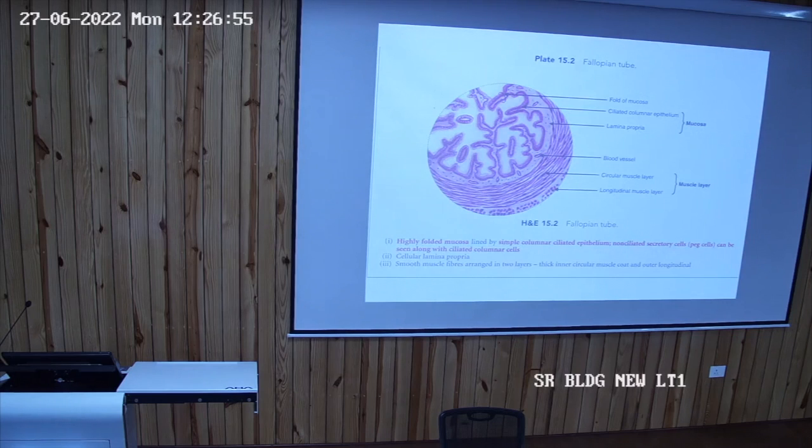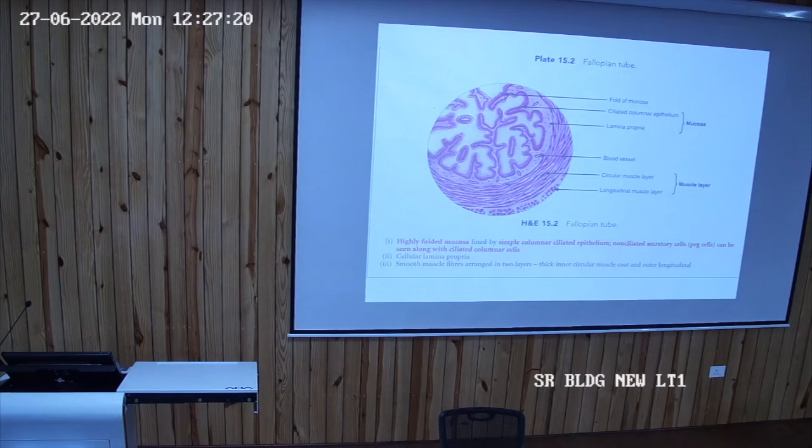That end is fimbriated, showing a large number of finger-like projections which are close to the ovary, and this tube is divided into the ampullary part, the isthmus part, and the dilated part.